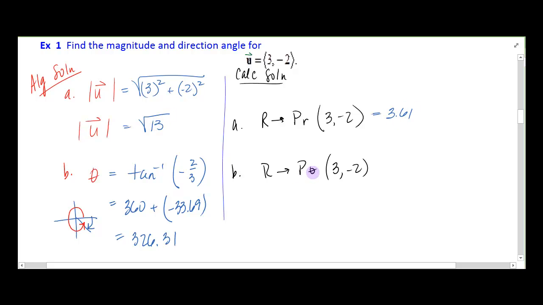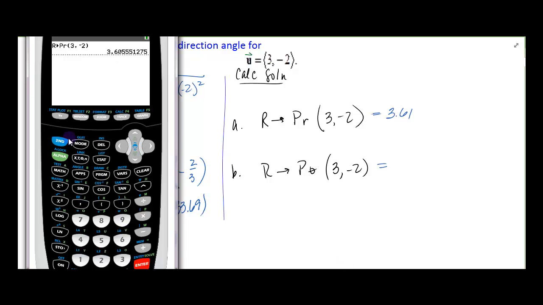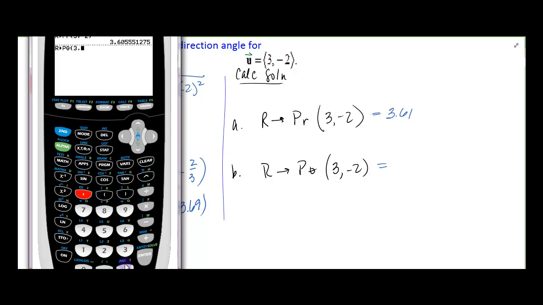Now to find the direction of my vector, which would be theta, we go back to that same menu. So we're going to hit second, angle. We're going to choose option number 6. And we enter in again my values of 3 and -2.